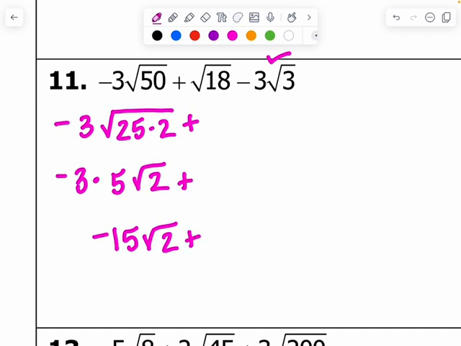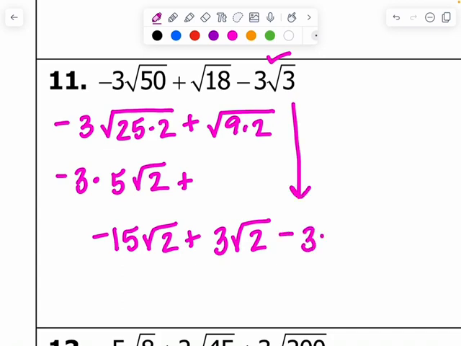Plus, radical 18 is the same thing as, square root 18 is 9 times 2. And the square root of 9 is 3. Okay, and we still have that minus 3 root 3.